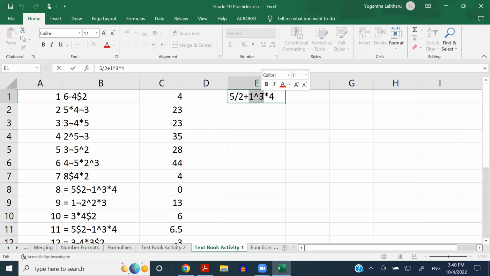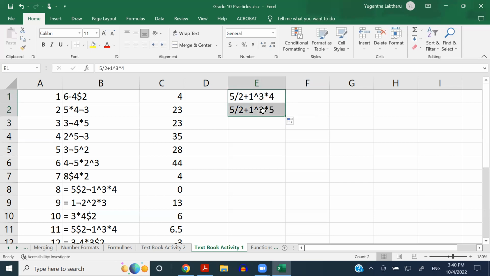First bracket, then the power, then the multiplication and division, then addition and subtraction. So this equation will become something like this when we solve 1 to the power 3, because 1 to the power any, it's always going to give you 1.